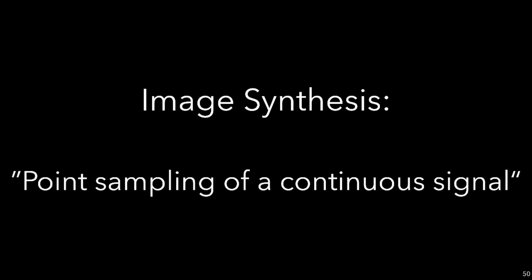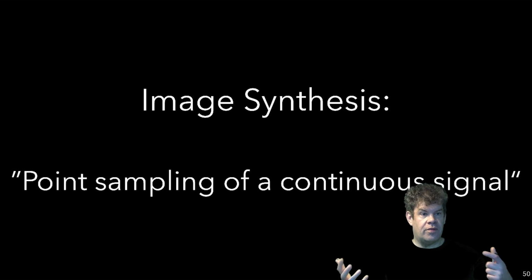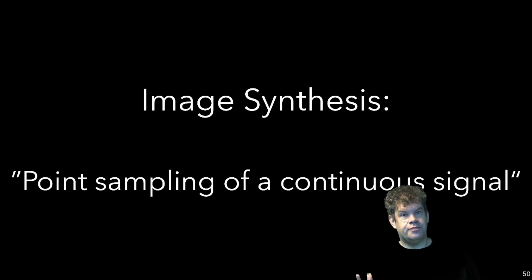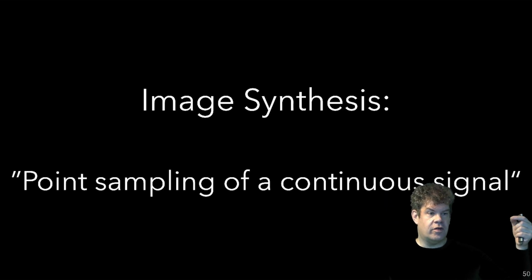So you're sitting in front of a display that is made of a bunch of points, we call them pixels, and that is your window into a continuous world. So image synthesis is really nothing but figuring out the color, or the brightness for a black and white scenario, the value at certain points of a continuous world.